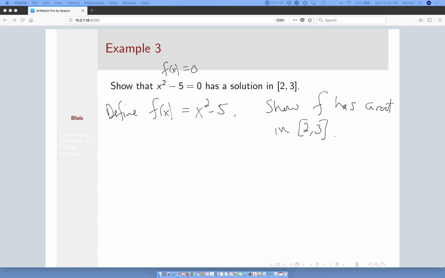Well, let's think about this. Let's just plug the endpoints into f. So, checking those, we check the endpoints, first checking f of 2, and f of 2 is 2 squared minus 5, or 4 minus 5, or minus 1.